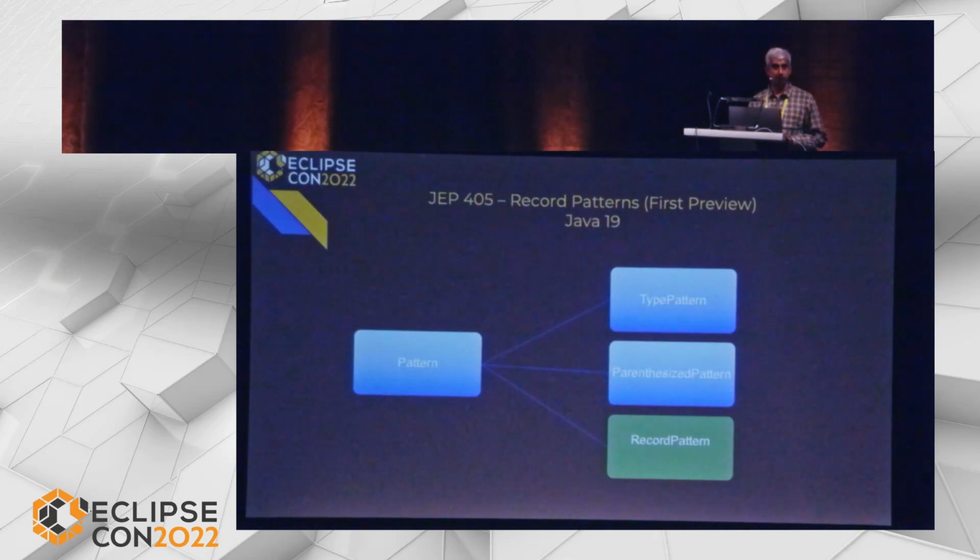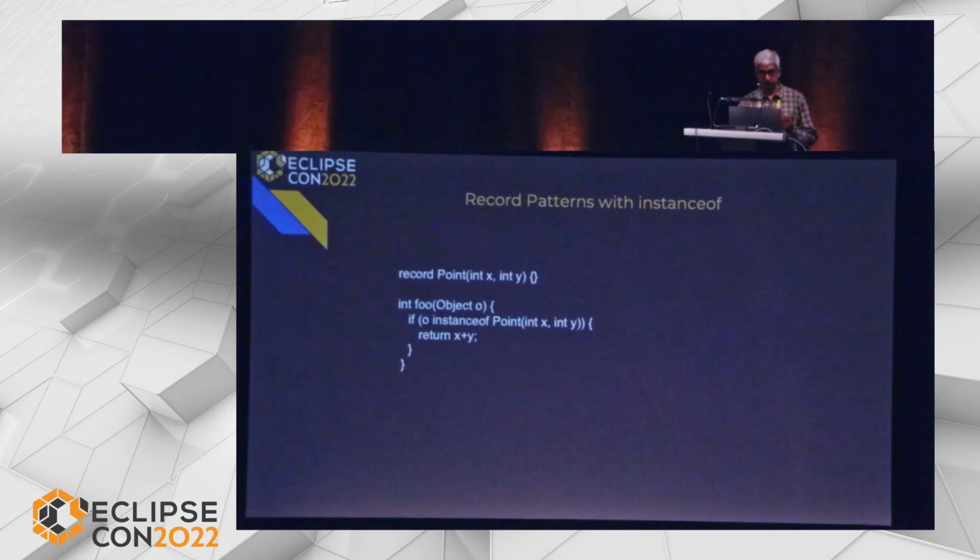I'm sure some of you attended the pattern matching talk, but records would finally get into record patterns that are previewed in Java 19. For example, if o instanceof Point(int x, int y), that's a record, and then you extract x and y out of the record.